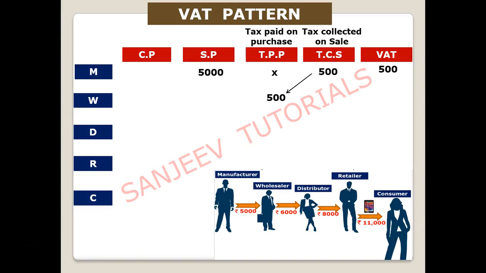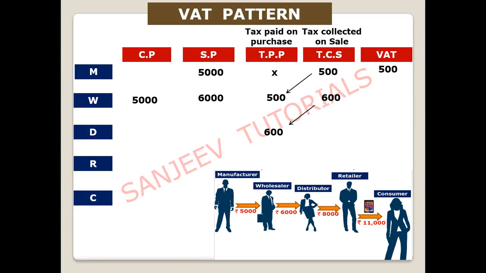Now let's talk about the wholesaler. For the wholesaler, cost price is rupees 5,000 and selling price is rupees 6,000. When he had purchased the product, he had already paid rupees 500 as tax to the manufacturer. While selling the product, he will collect rupees 600 as tax from the dealer, assuming that the rate of tax is 10%. Now this entire 600 rupees collected does not go to the government.